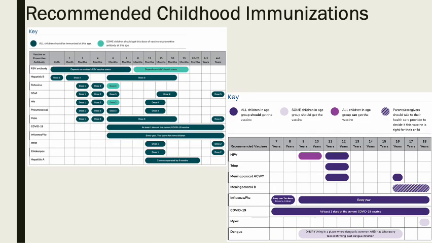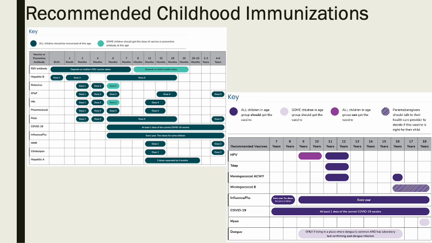The Center for Disease Control gives the recommended childhood immunization schedule. You can always check their website for updates. I have updated this as of the recording of this lecture. As you'll notice on the left-hand side, children ages 0 to 6 years old have quite a few vaccinations that they are required to get.